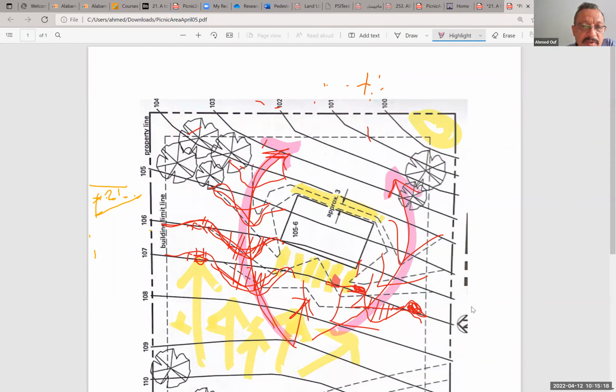But when I'm dealing with this area behind the building, because of this picnic pavilion pad, we said it's almost level, but at least we have a quarter of an inch every foot, something like that. If I'm starting here with a point of 106 elevation, this point here for the pad will be maybe 105 feet and 10 inches.